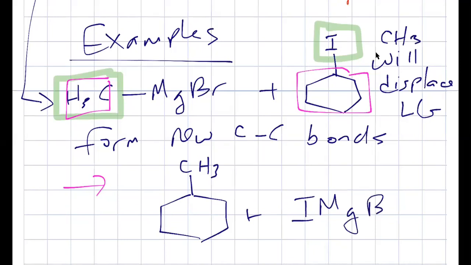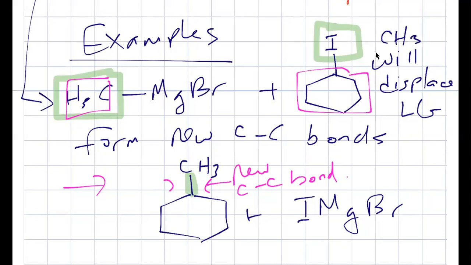That's my product, where this is my new carbon-carbon bond right here. It's actually a very powerful transformation for making carbon-carbon single bonds. Any questions about that?